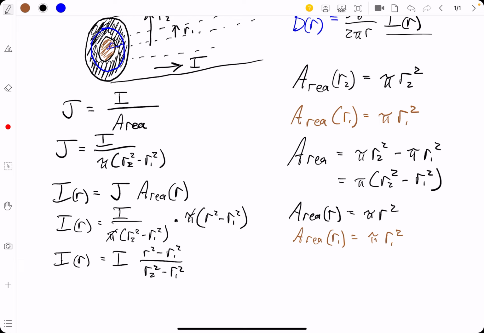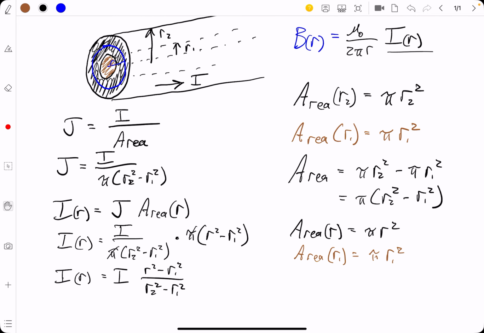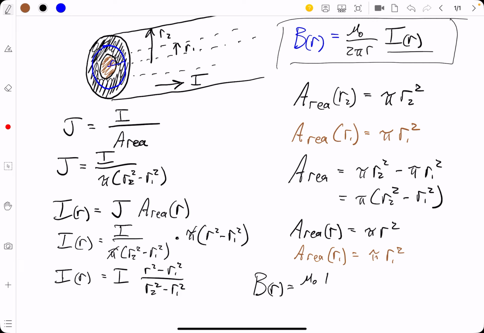Cool. We can now go back to our B(r) equals mu naught over 2 pi r times I(r). And we'll plug that in, and we get our B(r) is equal to mu naught I over 2 pi r.